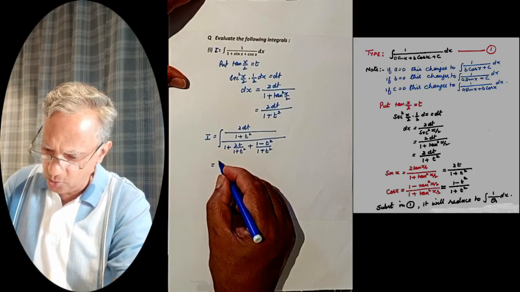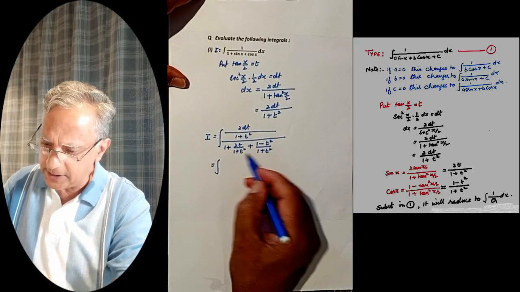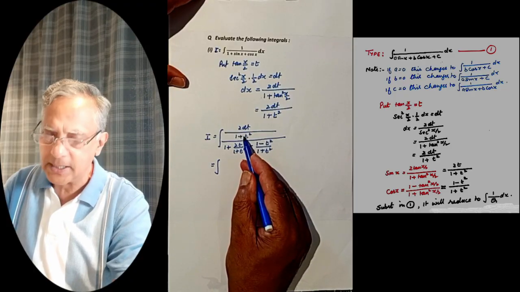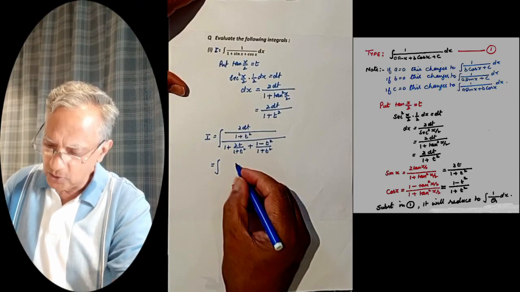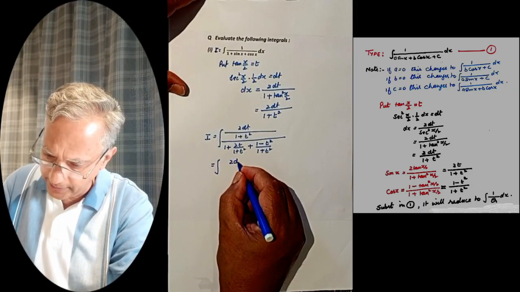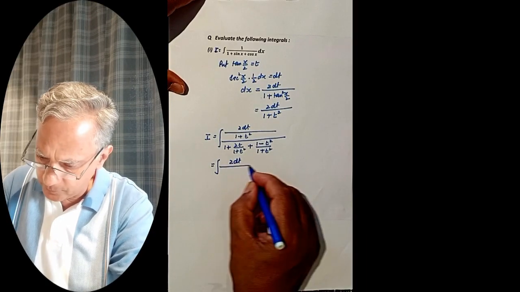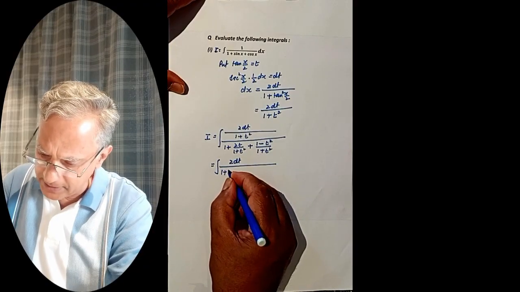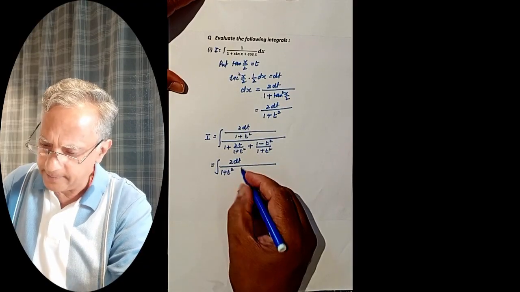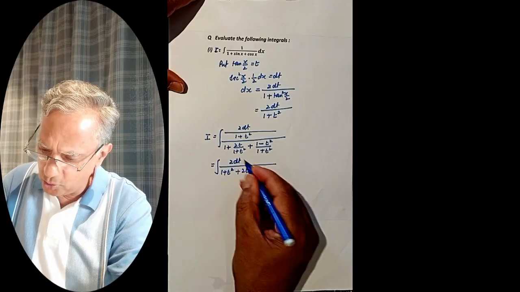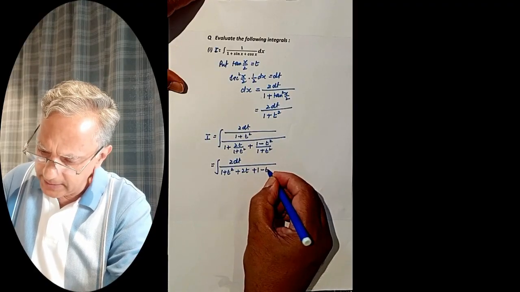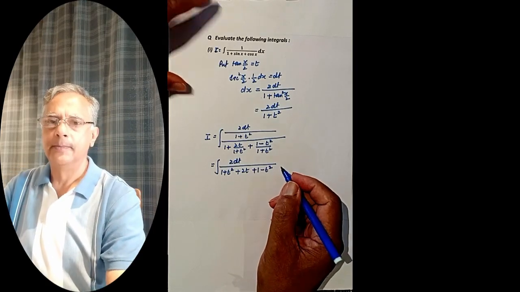This is equal to integral. Now LCM of this is 1 plus t square. So 1 plus t square cancels with 1 plus t square. So we will have 2 dt over, now this is the LCM, so we will have 1 plus t square here plus 2t plus 1 minus t square.